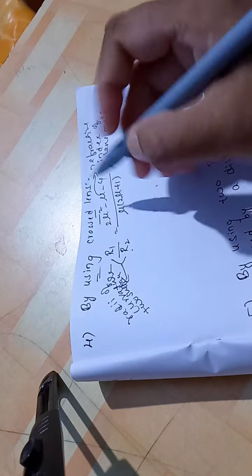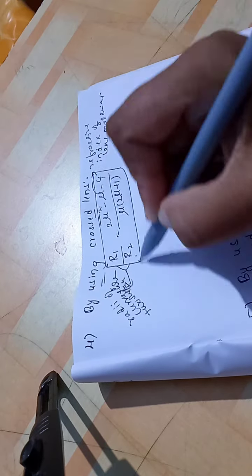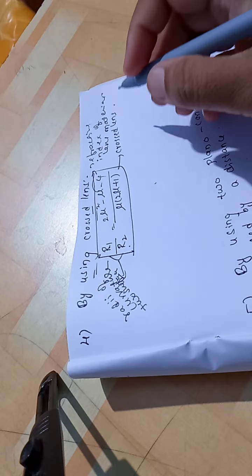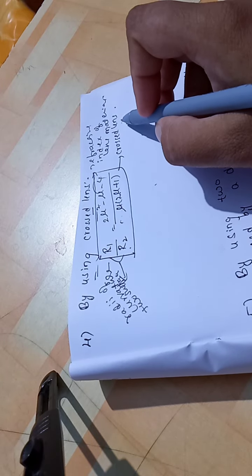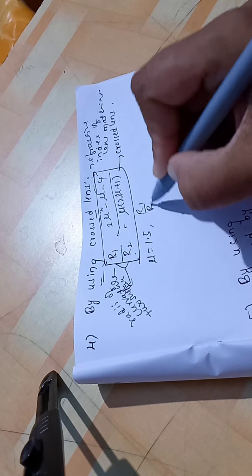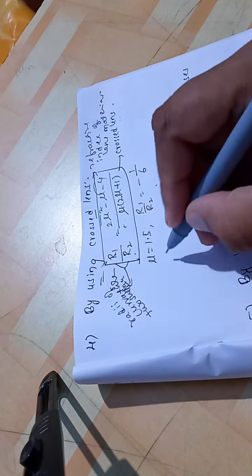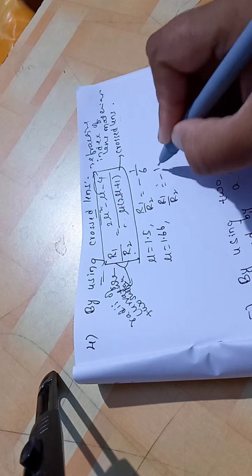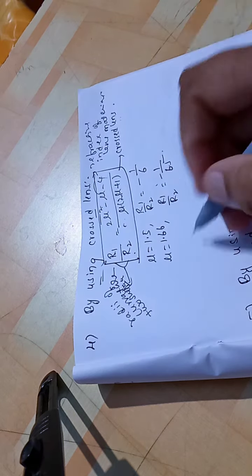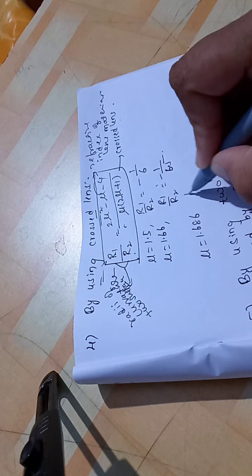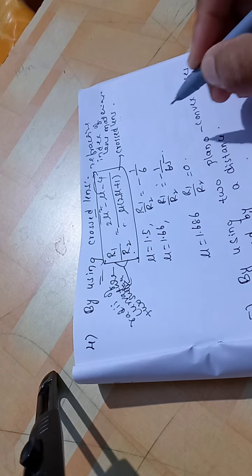The lens satisfying this condition, we call it a crossed lens. Now if mu equals 1.5, R1 by R2 value will be minus 1 by 6. If mu equals 1.66, R1 by R2 value will be minus 1.1 divided by 6.5. And if mu is equal to 1.686, R1 by R2 will be equal to 0.